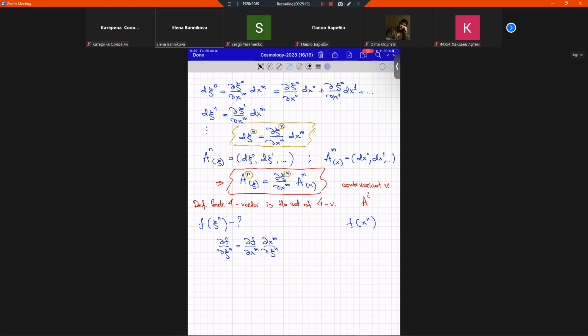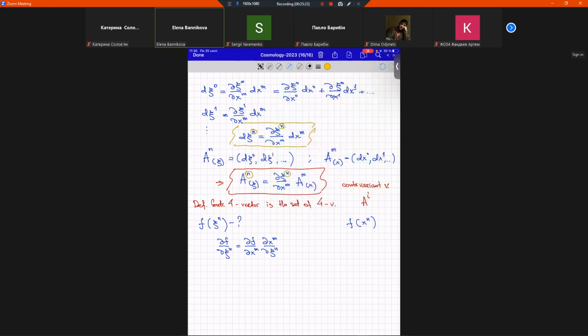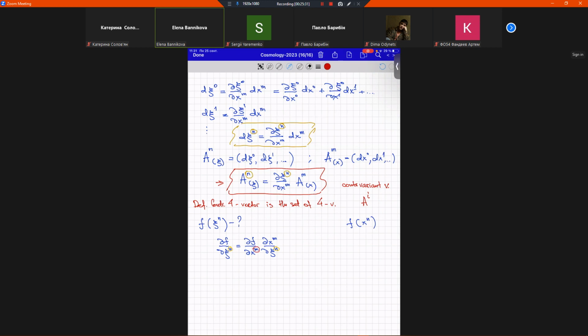So you can see here that what we wrote, we have an index n as a lower index. Here, this is a lower index, against index m, the summation index here and here.